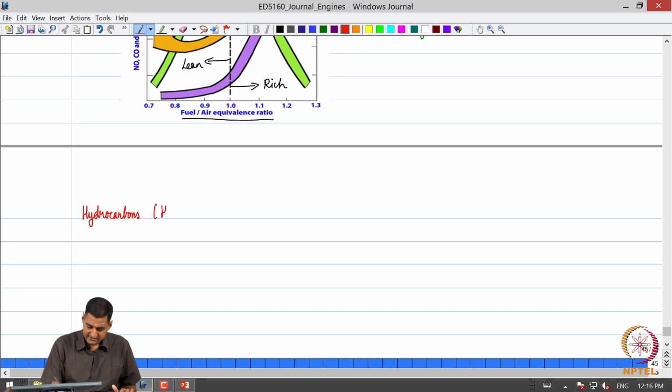Unburnt hydrocarbons. Okay, so let us abbreviate it HC. As we already know, with hydrocarbons we can have two aspects.